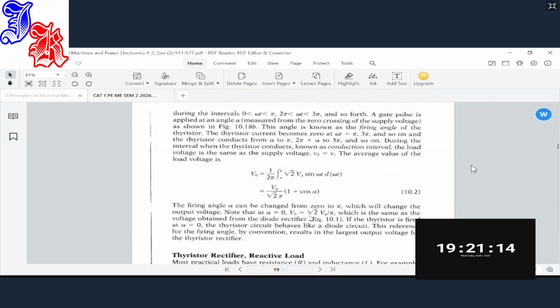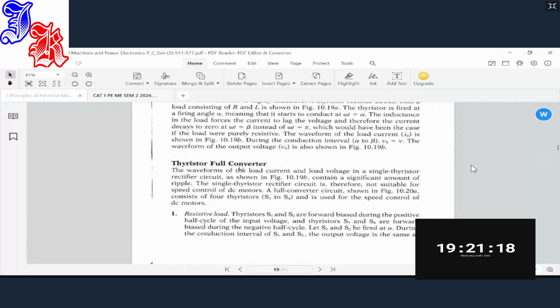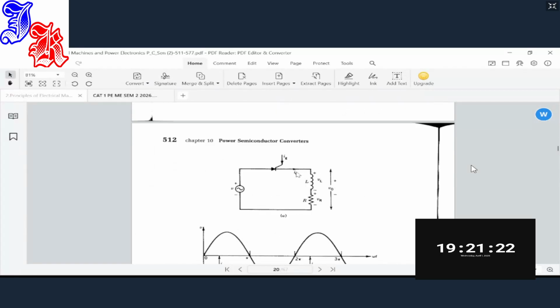We are going to the full wave converter, but before that, we have this situation where the load is a motor, which, as I said, is a reactive load. We have both inductance and resistance within the motor.